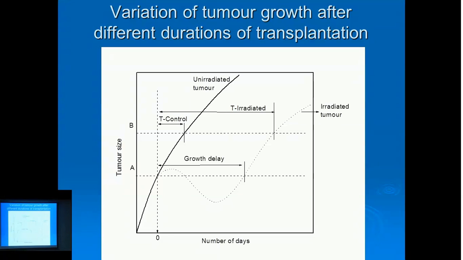If there are still some tumor cells left, they will keep growing, and once again tumors will reappear. When they come to a size of about 5 millimeters, you can detect the tumor. And this delay is normally called tumor growth delay.